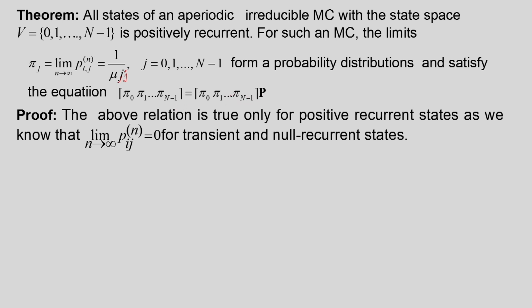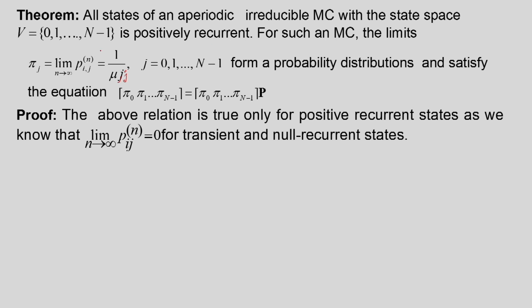Similarly, here also we are now able to say where these steady state probabilities will exist and what the values of those steady state probabilities are. They will exist if all states are aperiodic and positively recurrent and all states communicate with each other.